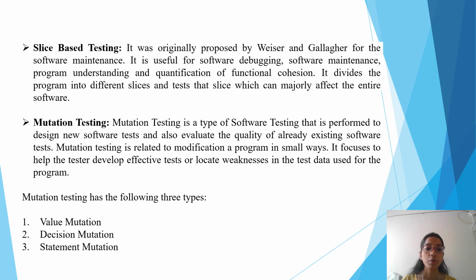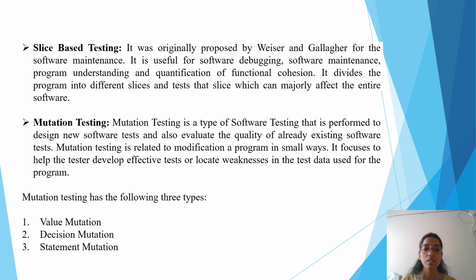Fourth type is mutation testing. Mutation testing is a type of software testing that is performed to design new software tests and also evaluate the quality of already existing software tests. Mutation testing is related to modifying a program in small ways.